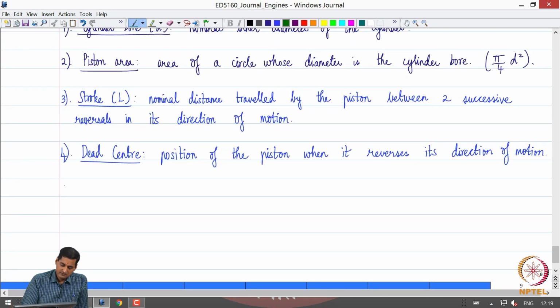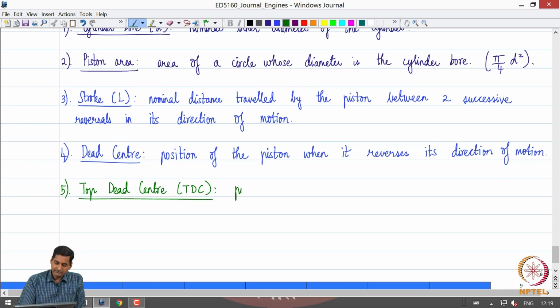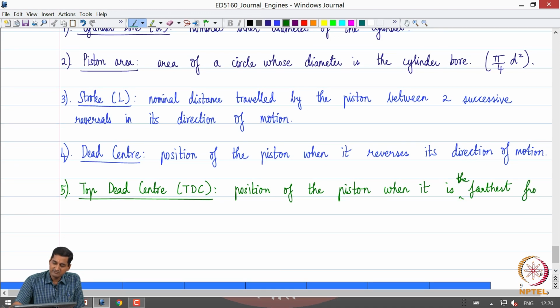We are now going to define what is called the top dead center, abbreviated as TDC. TDC is the position of the piston when it is the farthest from the crankshaft.